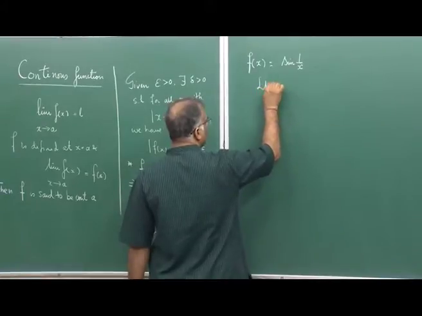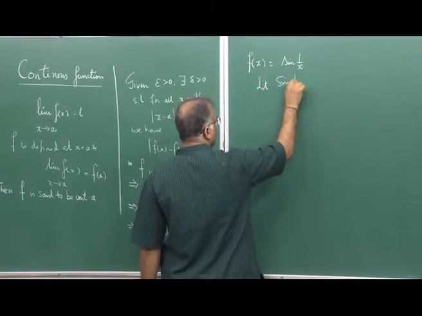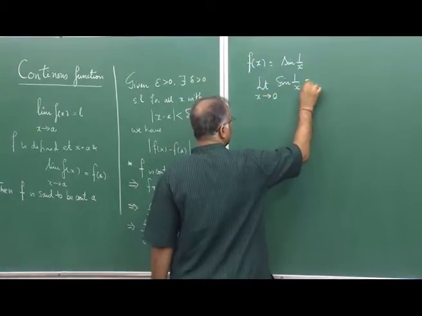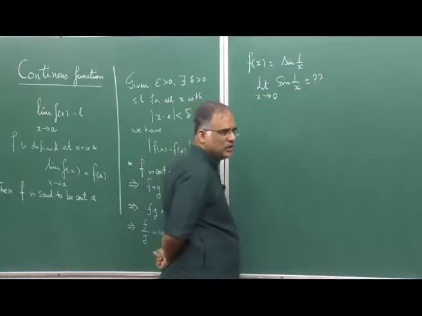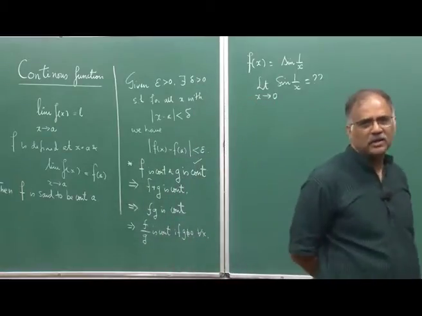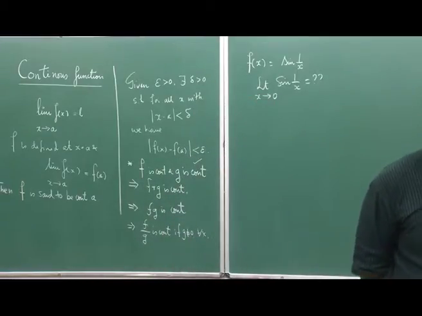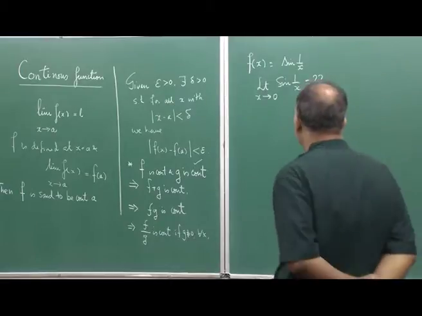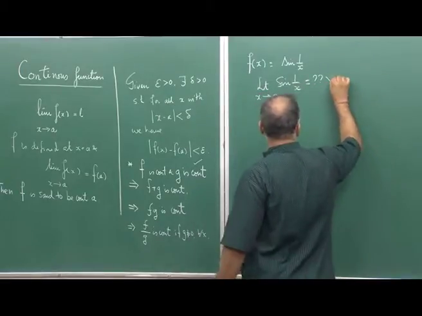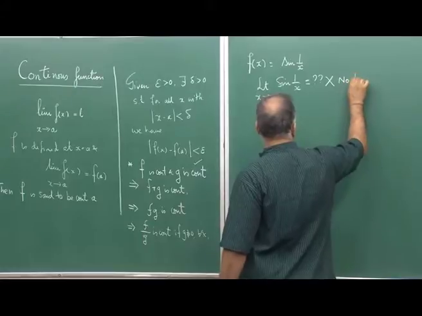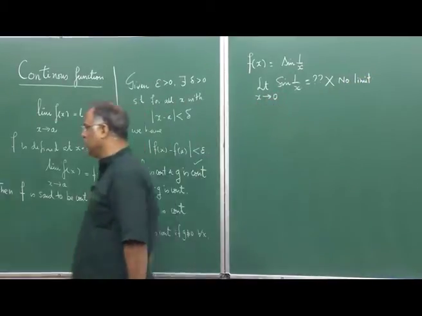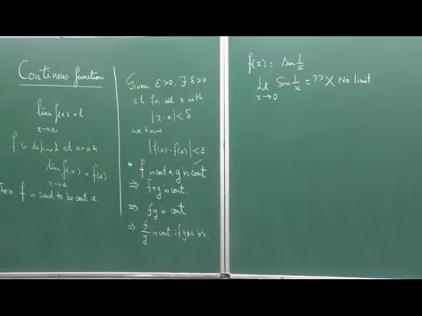Does the limit of sin(1/x) as x tends to 0 exist? The answer is no, because sin(1/x) keeps on oscillating as x approaches 0. It does not come to a stable value. So in this case the limit does not exist.